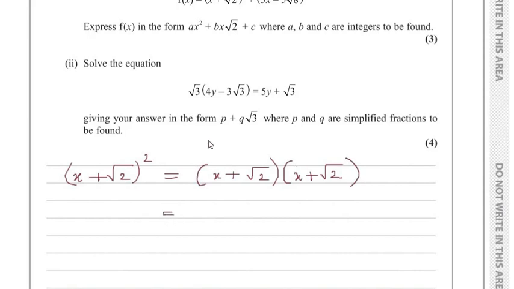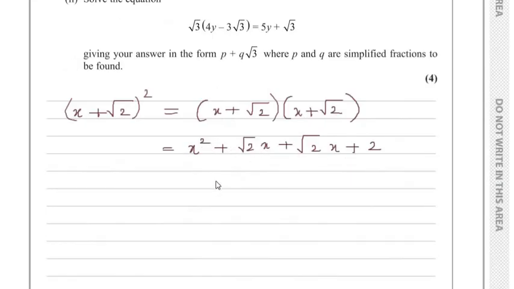Now expanding the brackets, we get x times x as x square, and x times plus root 2 gives us plus root 2 x, plus root 2 times x gives us again root 2 x, plus root 2 times root 2 gives us 2.